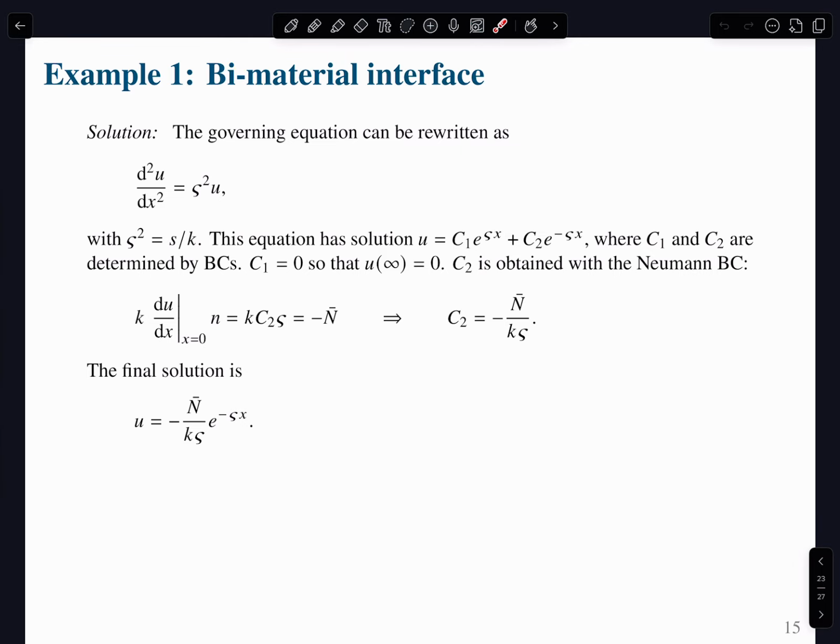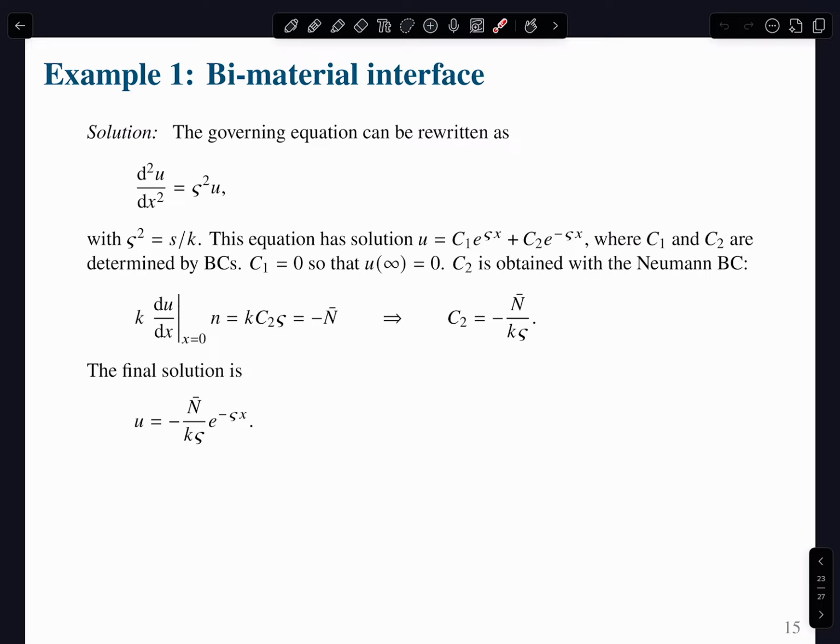And then, in order for the other boundary condition to hold, remember that we have two terms, one exponentially increasing and one exponentially decreasing. If I want U to be equal to 0 at infinity, obviously this term has to be equal to 0, and therefore C1 has to be equal to 0, because e to the sigma x, as x goes to infinity, is going to blow up.